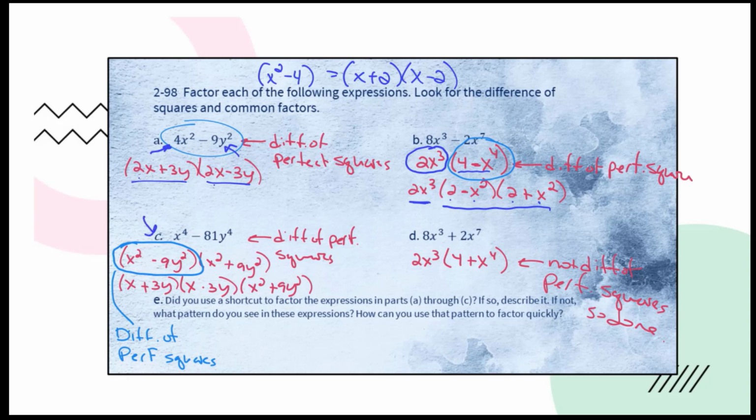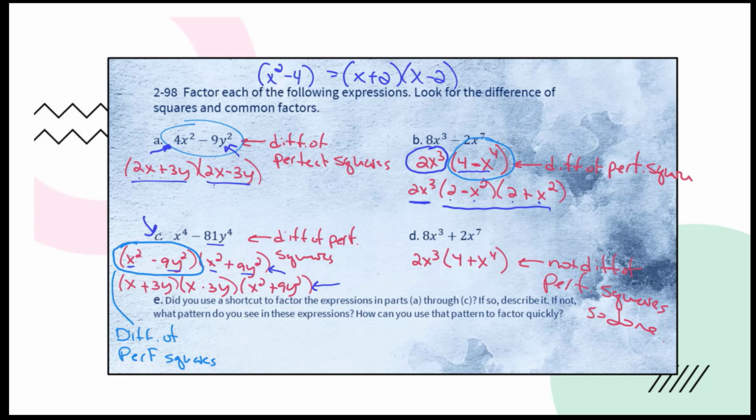On part C, they are both perfect squares. And we're going to have to do perfect square again when they're done. The square root of x to the fourth is x squared. And the square root of 81y to the fourth is 9y squared, okay? Now, once I do the minus and the plus, there's nothing I can do with the plus because that would be non-real answers. And we can go into that more later.